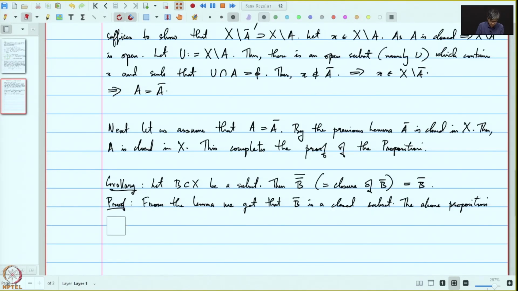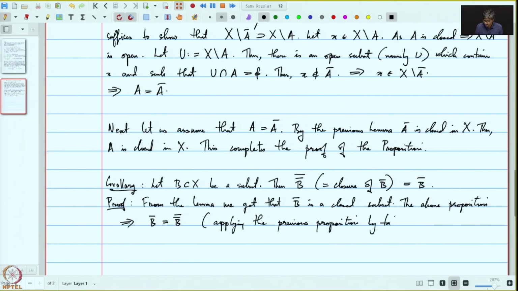Yeah. So applying the previous proposition, by taking A equal to B closure. Okay.